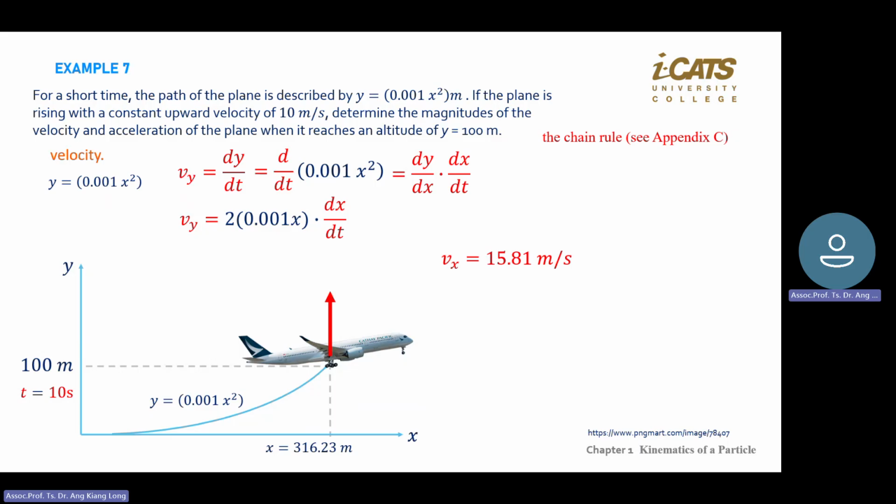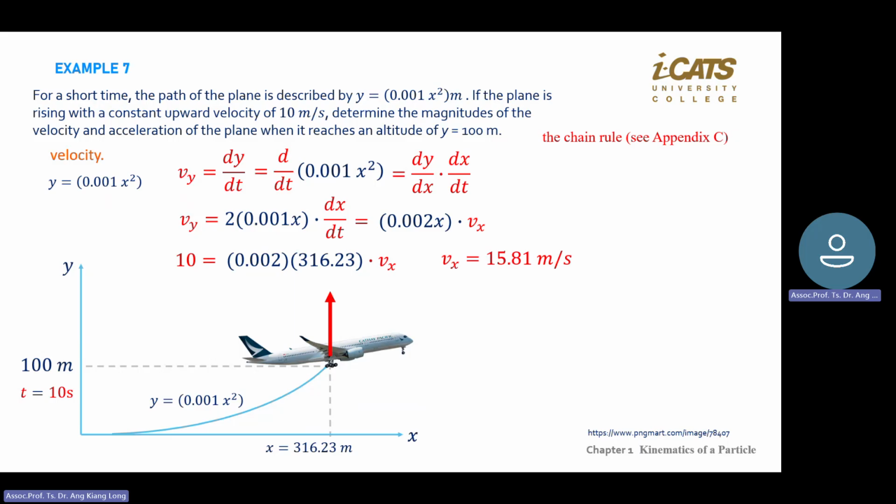Who doesn't understand the blue part, this one? Who doesn't understand? Yeah, this one is from this one, dy dt, dy dx. What equation do you use for this one? Okay, so here is dx dt. You know dx dt is the velocity in the x direction, so it's vx. You know that your vy is 10. Vy is 10.